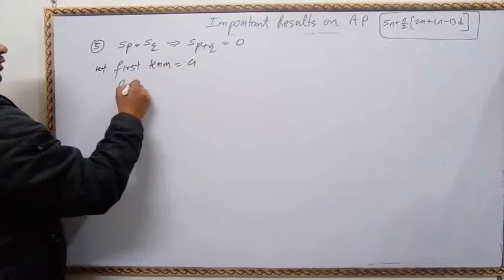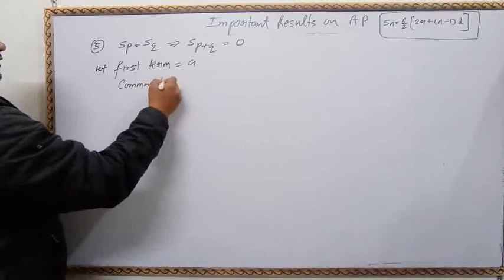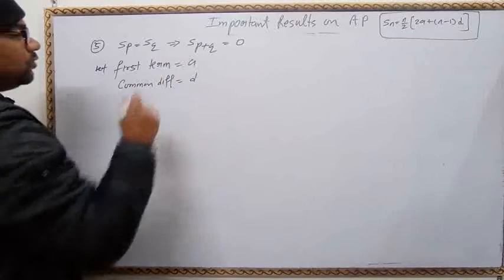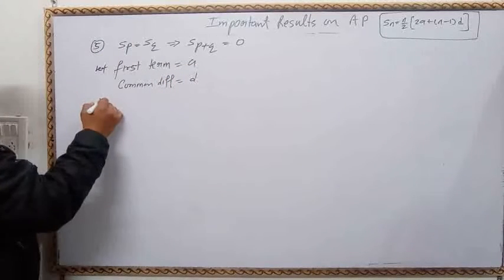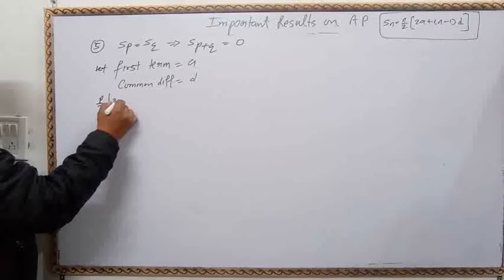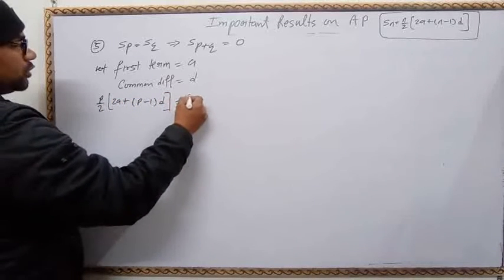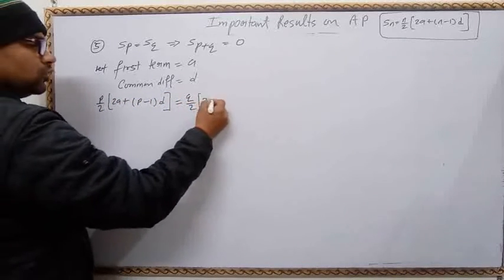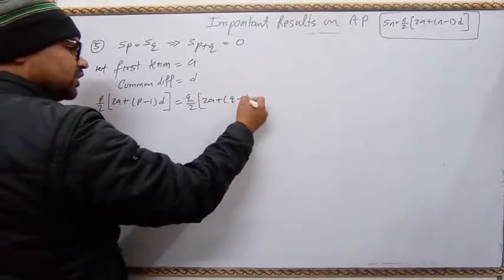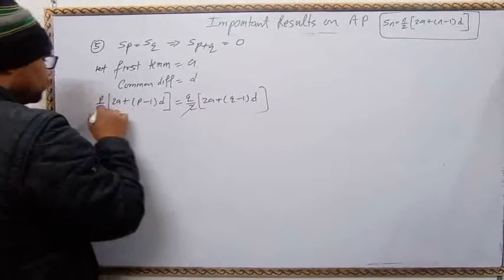first term a and common difference is equal to d. So Sp means p/2 [2a + (p−1)d] equal to Sq means q/2 [2a + (q−1)d]. 2 cancel.